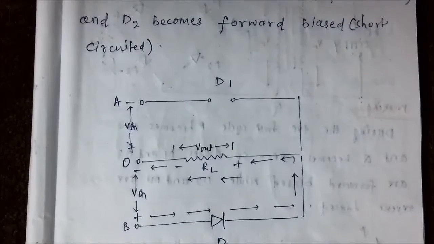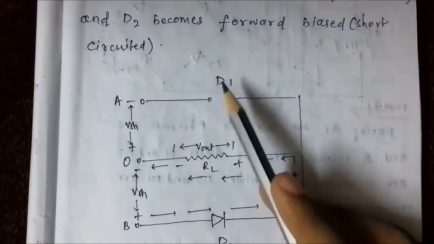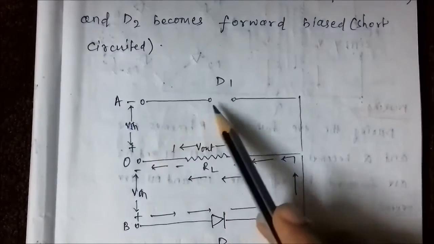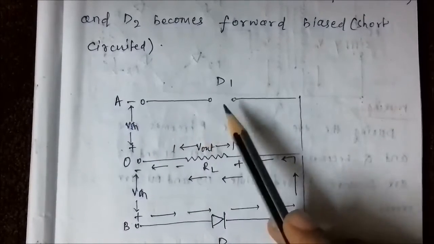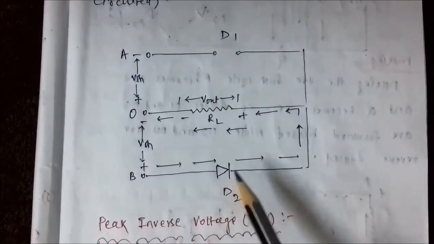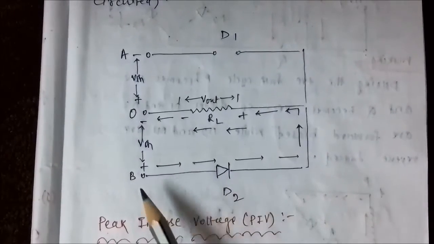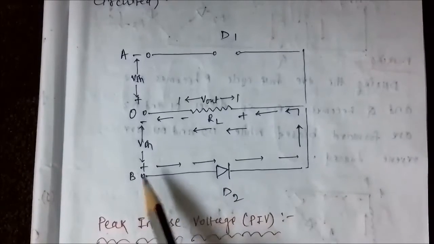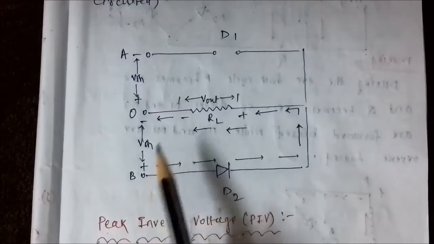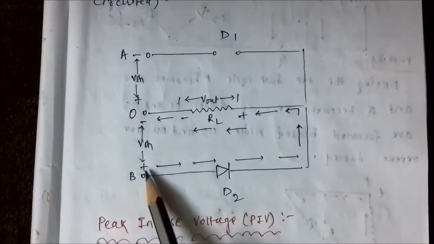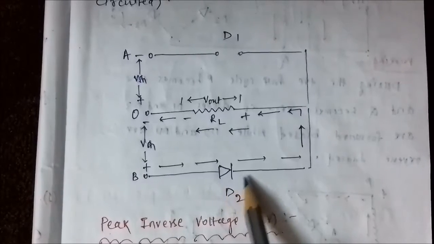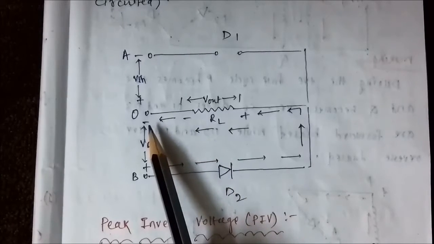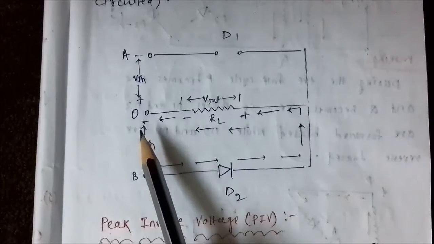As a result, the p-type end of D1 being connected to the negative polarity end becomes reverse biased and is open circuited, while diode D2 with its p-type end connected to the positive terminal is forward biased and is short circuited. So in this case too, current flows from the positive polarity end through the diode in this direction, through the load resistance, and terminates at the negative polarity center tap point.